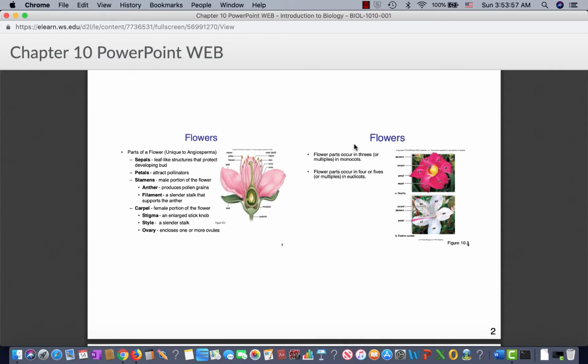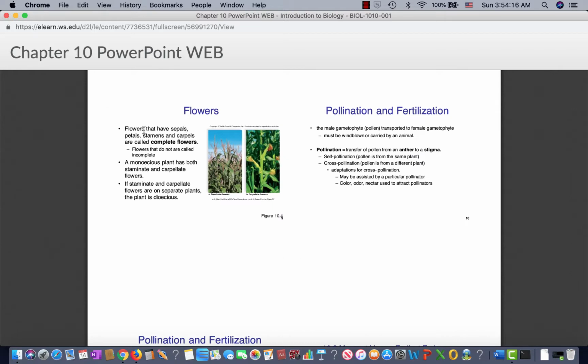And then again, for flowers, if the petals are in multiples of 3, then it's a monocot, and if it's in multiples of 4 or 5, it's a eudicot. Flowers have sepals, petals, stamens, and carpels. Flowers that contain sepals, petals, stamens, and carpels are called complete flowers. If you're missing any one of these things, then it's an incomplete flower.